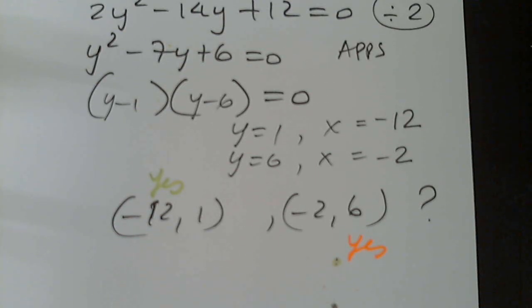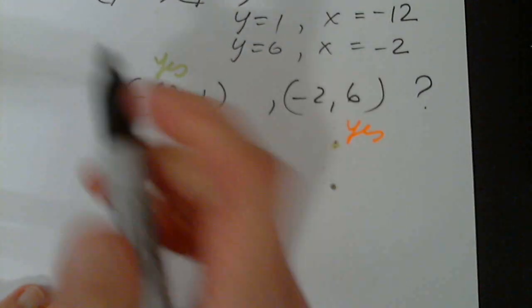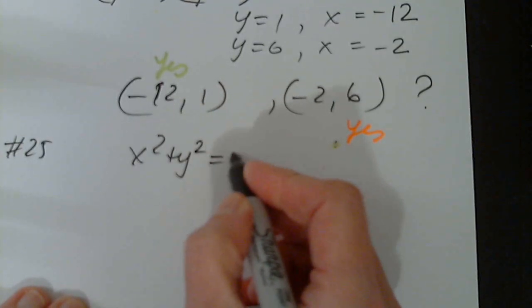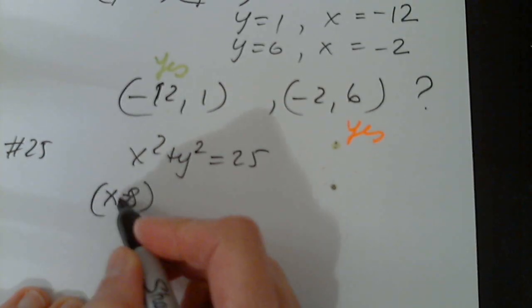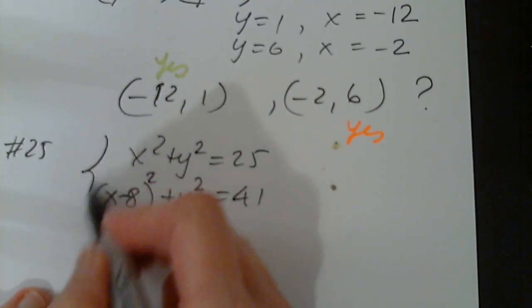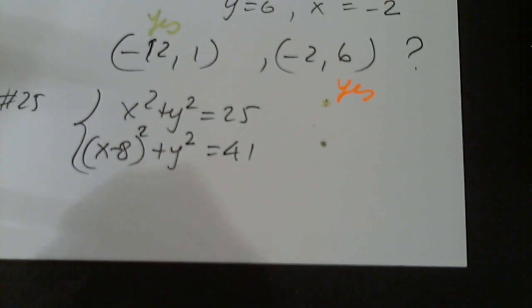Okay, let's look at the elimination, also called adding. Do you 25? Yes, 25, I see it. I think we didn't do 25, but even if we did, we can do it again. So x squared plus y squared equals 25, and x minus 8, everything squared, plus y squared equals 41.